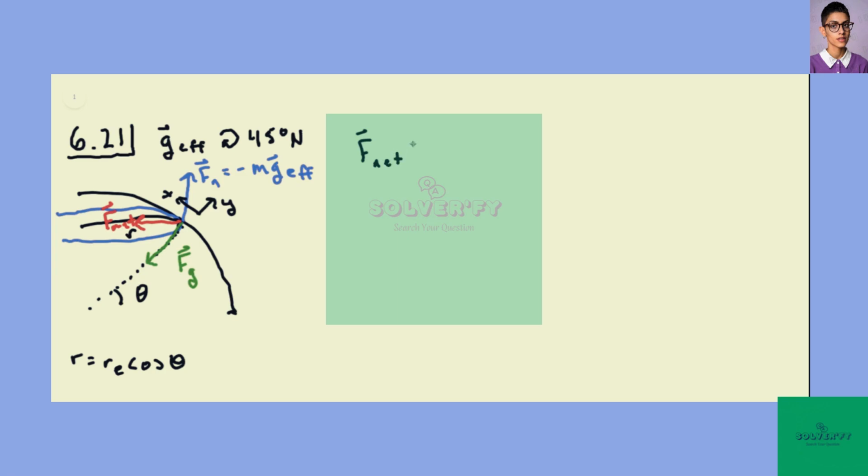So F net is equal to Fg plus Fn. And the magnitude of the net force, because this has to be a centripetal force, is going to be the mass times the centripetal acceleration.